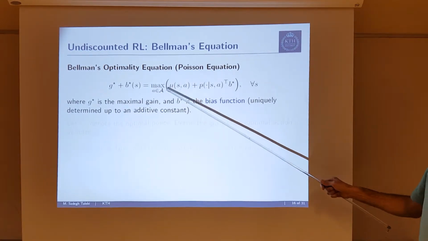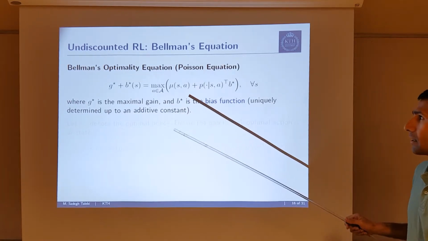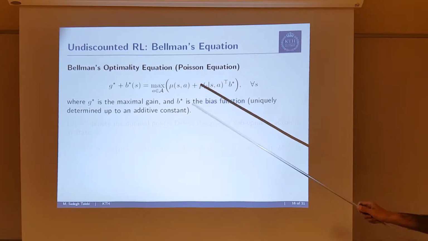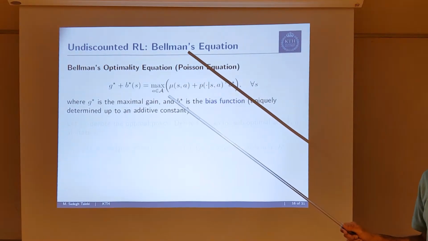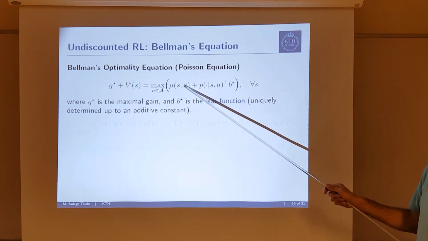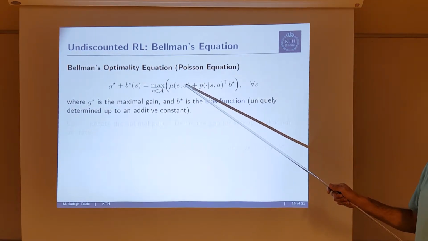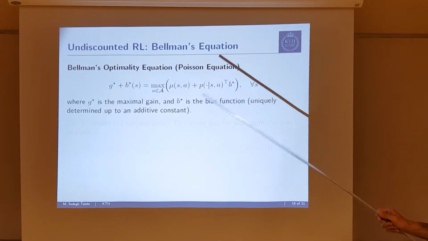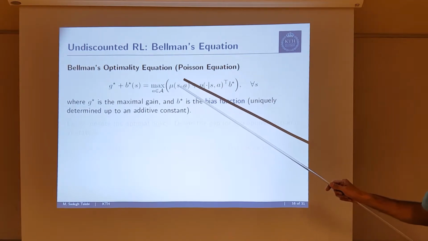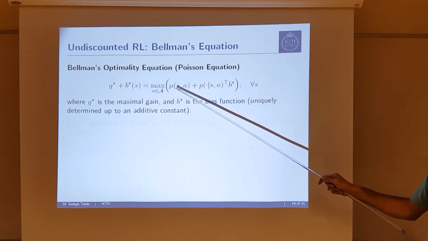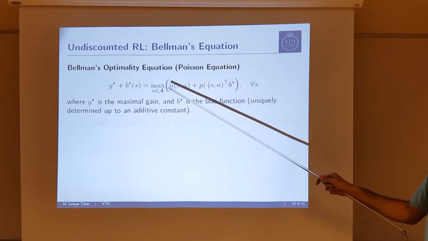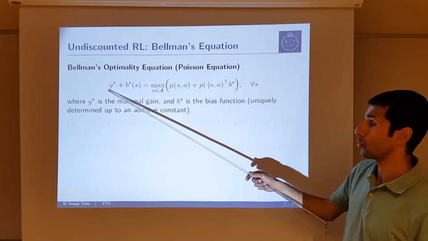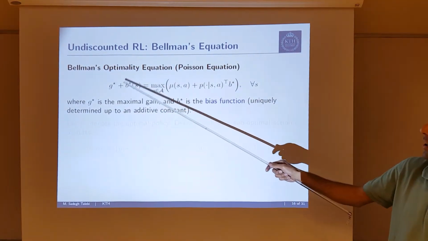This can be argued in the spirit of backward induction. Basically, it says that if you are at the state S and you choose action A, and the rest of the time follows the optimal policy, then if you choose the max of this, it would be your G star, your long-term average reward, plus some offset.